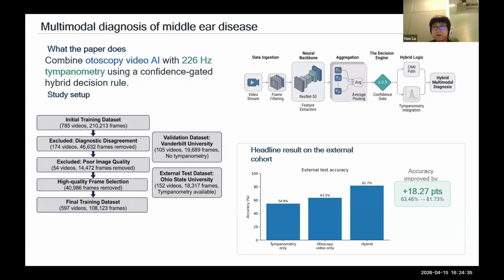So by combining this together, the weakness is solved by each other's modality and the performance increases very well. So far, among all the research, we find this is the best performance for the multi-center external test case, for the otoscope modality, tympanometry modality, and hybrid modality.